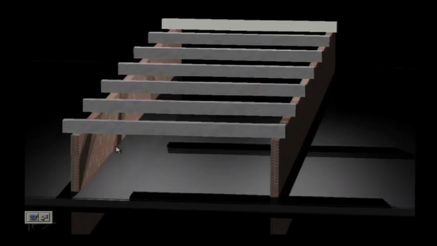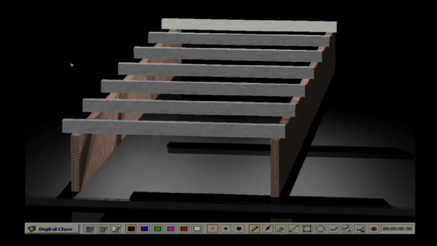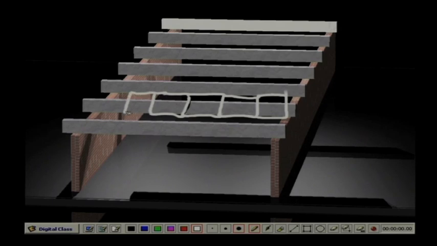If we come to this problem, this is the square area on the slab, unit square, and we have that load from both sides.